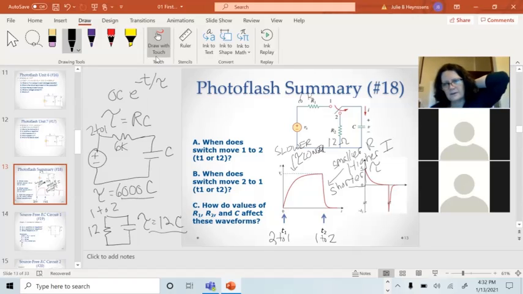When you're calculating time constants, so this is homework too, one of the things you have to find out is it's RC, but which R and which C? There's two different R's in this circuit.